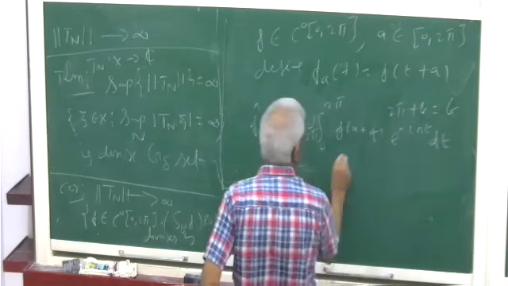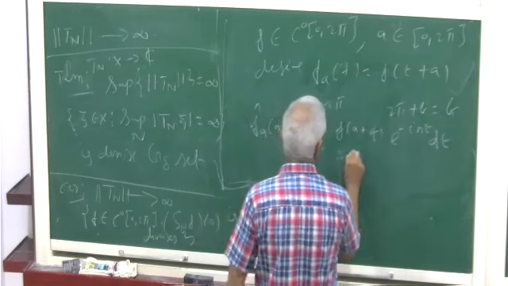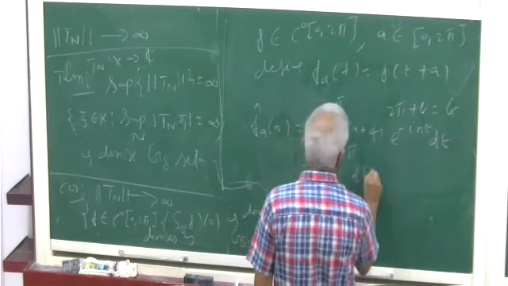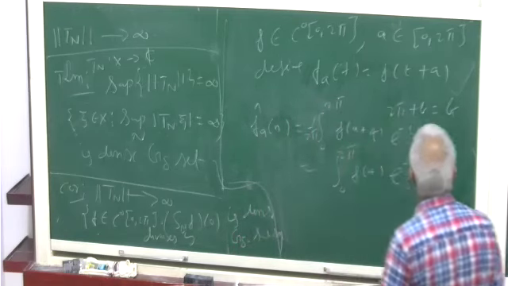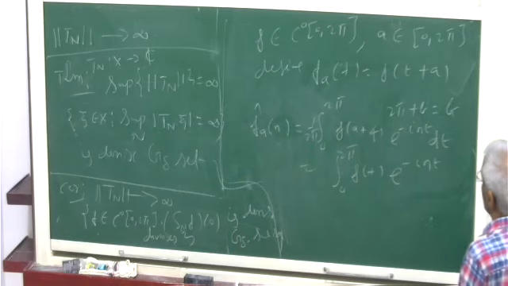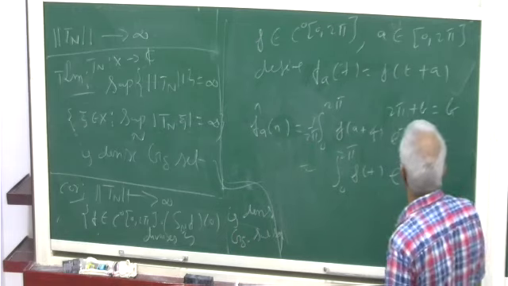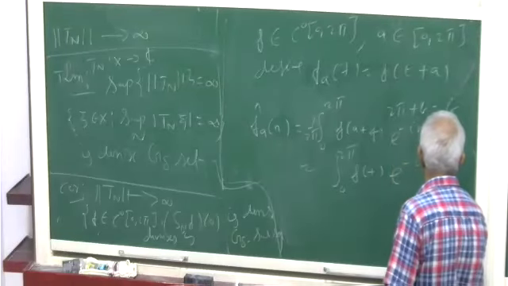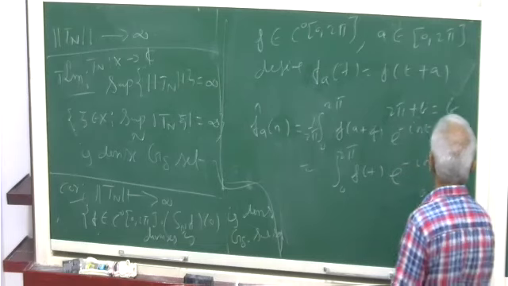Now this is equal to, if you use a plus t, 0 to 2 pi, again 0 to 2 pi f of t e power minus n, plus t equal to s, then t is equal to s minus a.